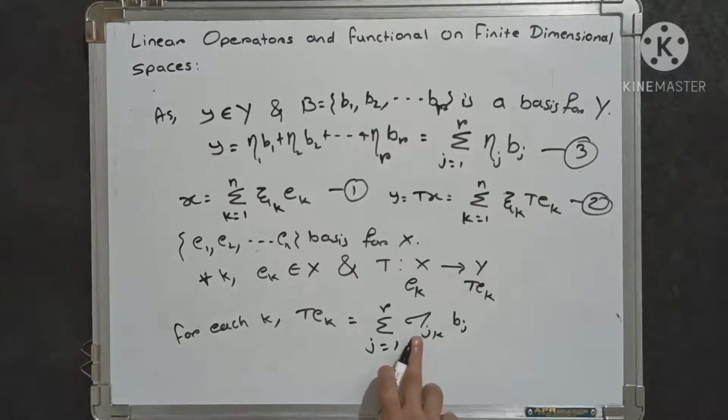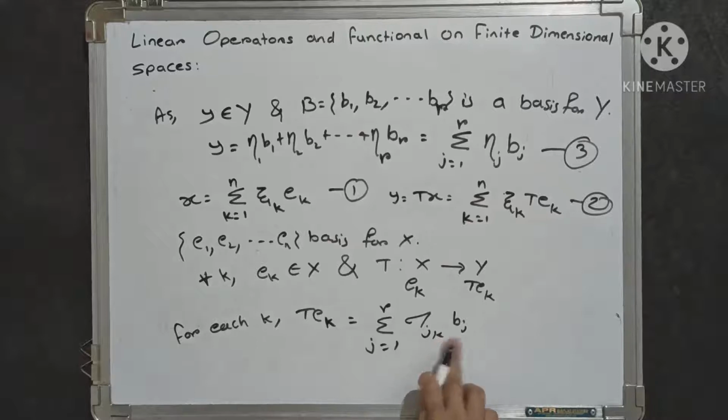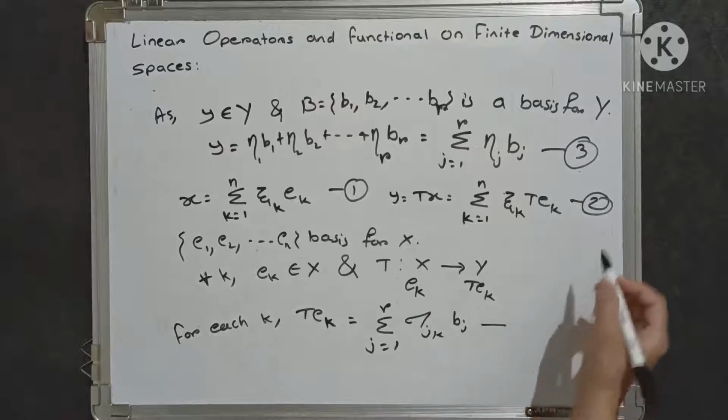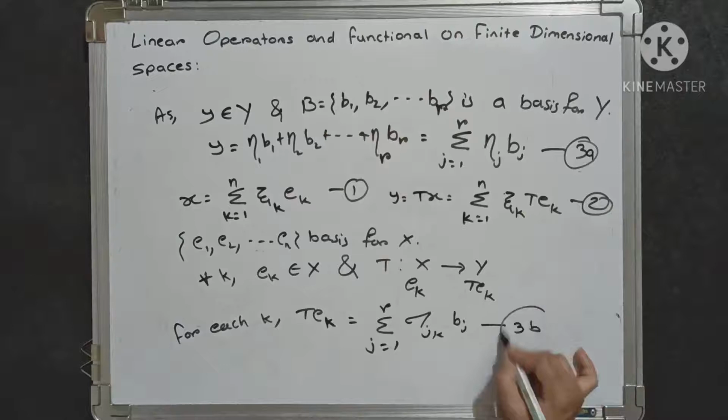Now here I am writing the coefficient of b_j as τ_jk, because corresponding to this k I am writing k, and corresponding to this j I am writing τ_jk into b_j. Here I am giving the equation number: if this is 3A, then this equation is 3B.